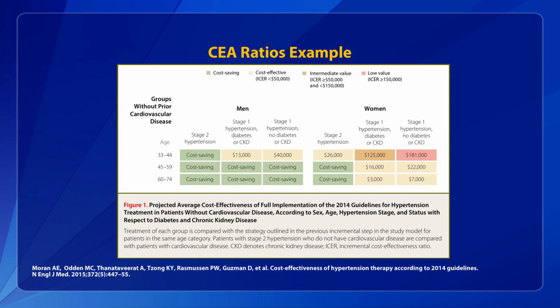Here is an example from a study analyzing the potential cost-effectiveness of treating all hypertension patients according to new 2014 guidelines, with CE ratios for each of the different patient groups. As you can see, the authors have defined what they consider cost-effective for this study and ranked each group according to these defined cutoffs. In this case, less than $50,000 per QALY was considered cost-effective, which is a commonly used threshold in the literature.